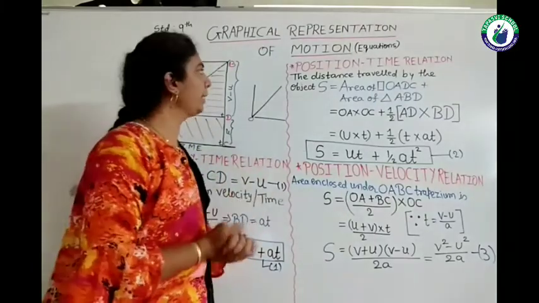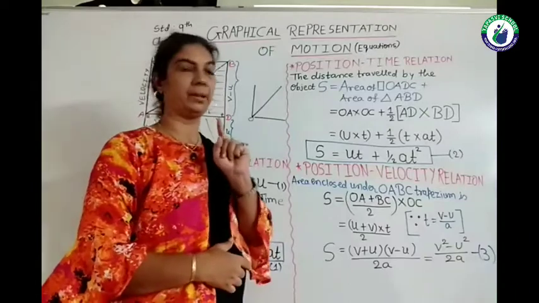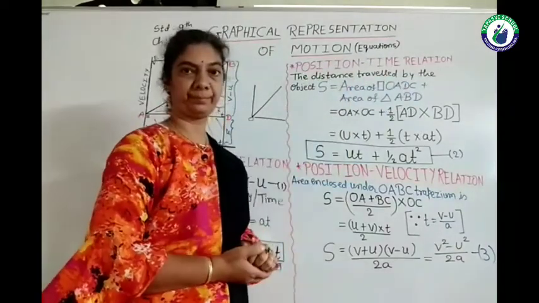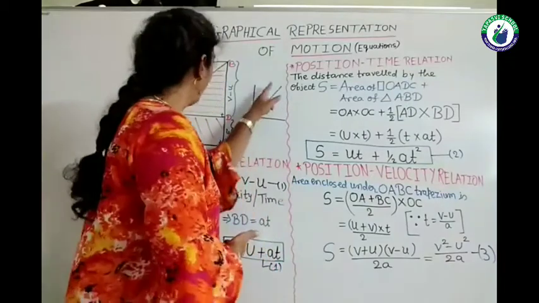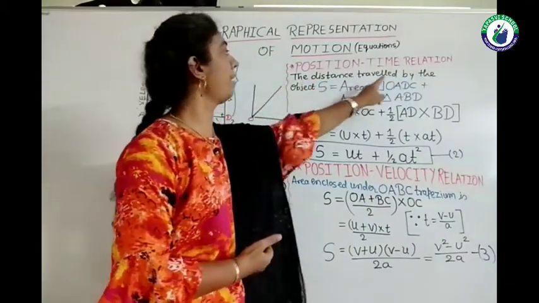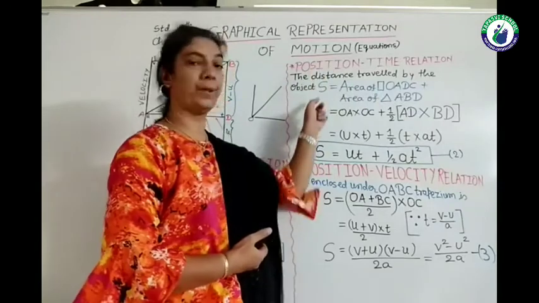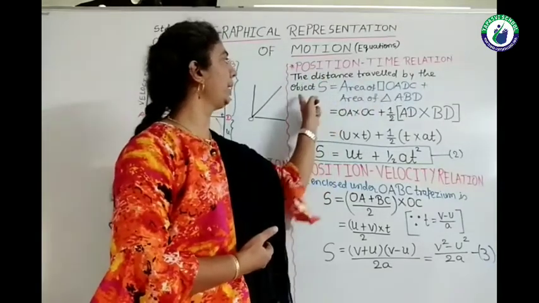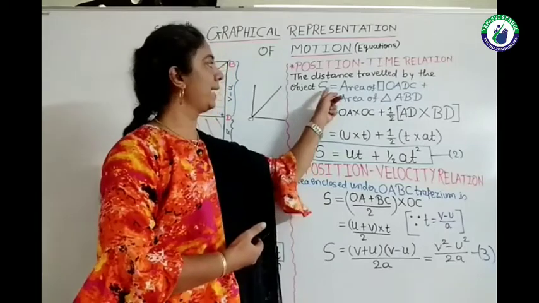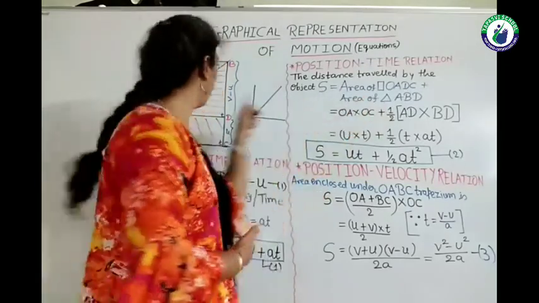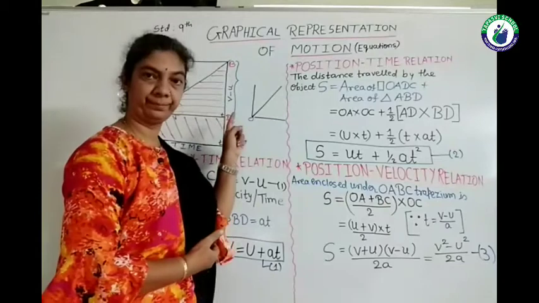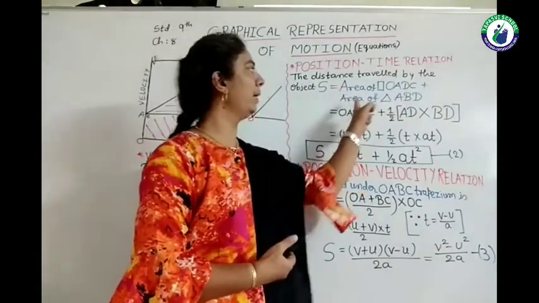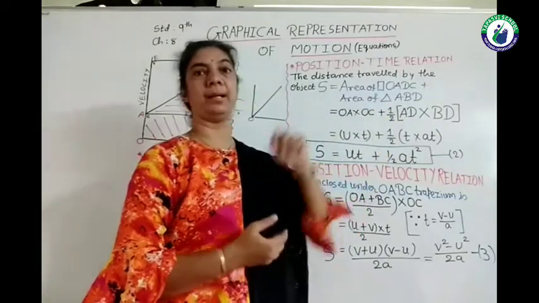Now for the second equation, first of all remember the title, that is position time relation. For that, the distance travelled by the object, position represents distance, so the distance travelled by the object is s, and that is the area of this trapezium, which has two parts, area of rectangle and area of the triangle.